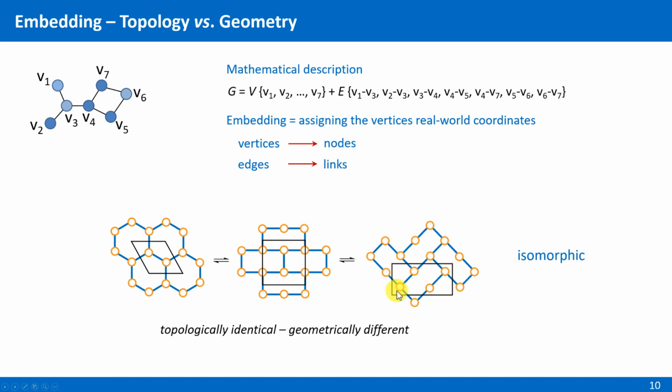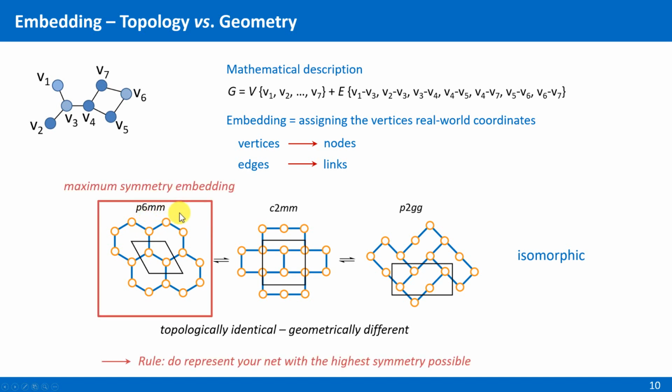The one on the right has the lowest symmetry, 4 nodes per unit cell, but we can transform it into this one on the left, which has the highest symmetry. There are only 2 nodes per unit cell and the plane group is P6mm. And in chemical topology, one rule is exactly that: place the vertices at such coordinates that you arrive at nets with the highest possible symmetry.